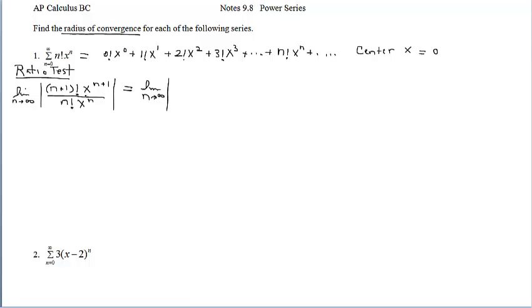And for this factorial in the numerator, what we might want to do is pull out an n plus 1 and then multiply it by n factorial. And if you wanted to, you could separate here and have x to the n times x to the first, making our canceling work easier.